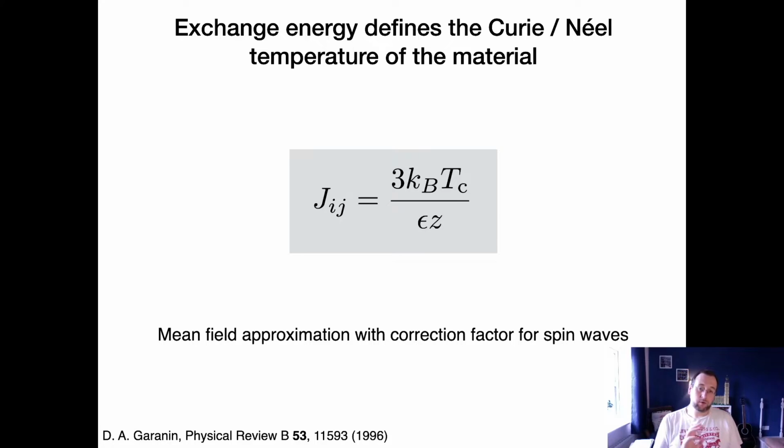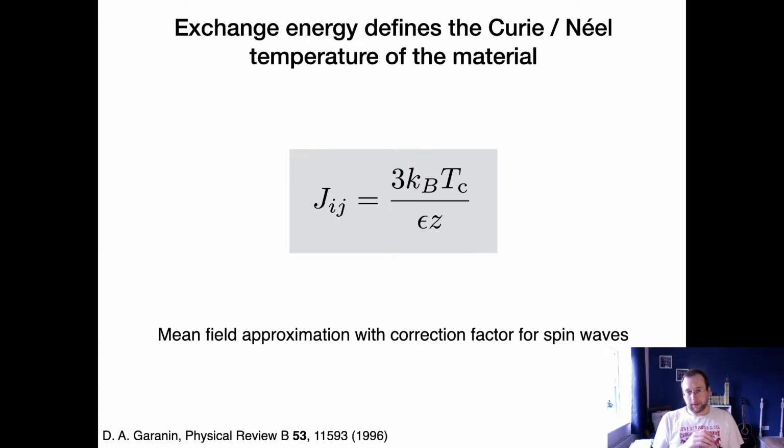So essentially, the total exchange interaction z times Jij would then be proportional to the Curie temperature. So if you know the material properties, for example, the crystal structure and the Curie temperature, then you can infer an approximation to the strength of the exchange interaction.